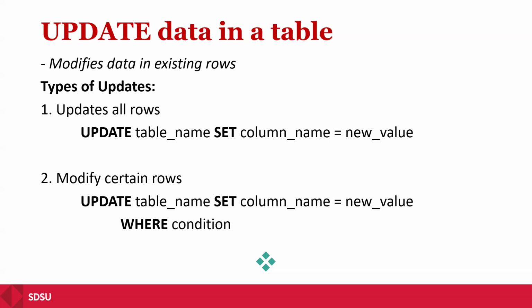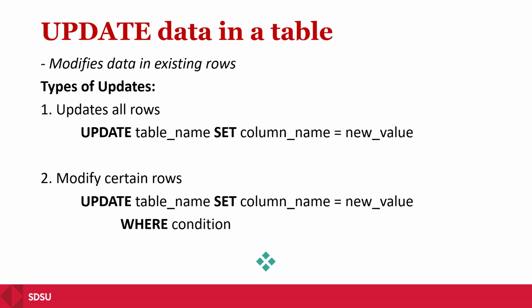All right, so how do we update data in a table? This becomes handy when you need to change some data that you already have in a table. Similar to delete, there are also two ways to update the data. You can update all the table data.